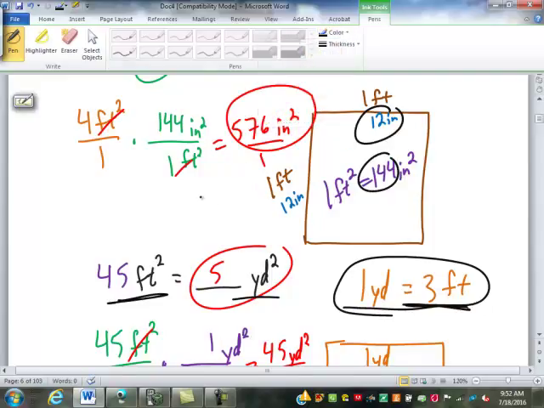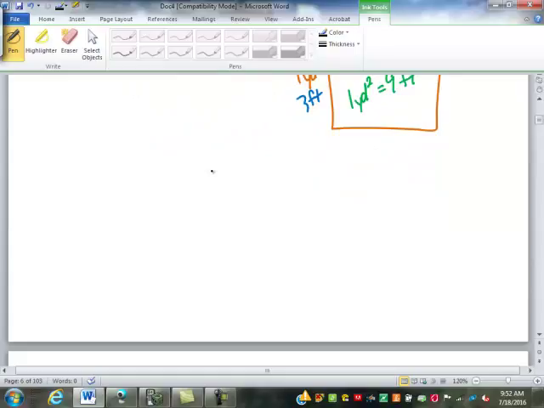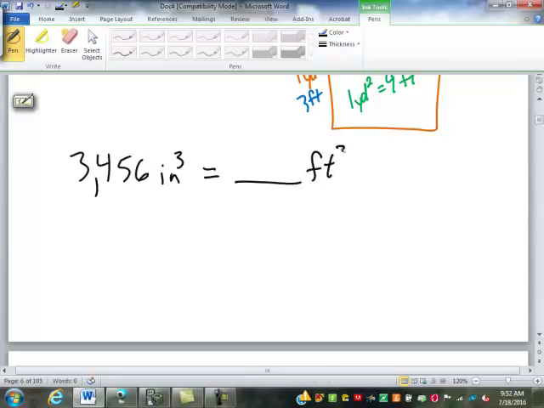So with that in mind, what if I have 3,456 cubic inches, and I want to convert that into cubic feet. We know that 1 foot equals 12 inches.